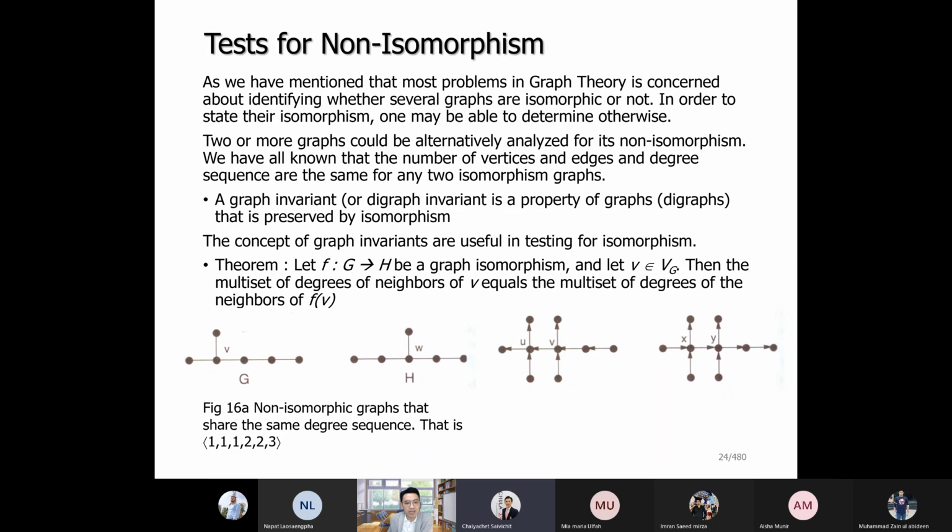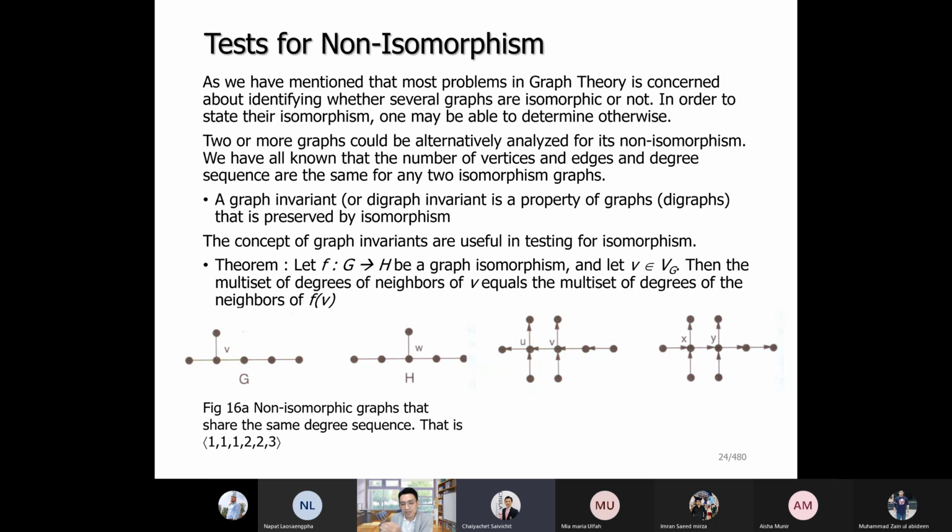But these two graphs G and H are non-isomorphic. Can you spot that they are obviously not isomorphic? What about degree sequence? These two graphs G and H share the same degree sequence.